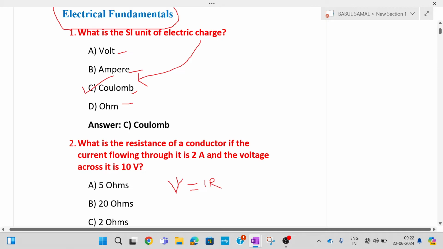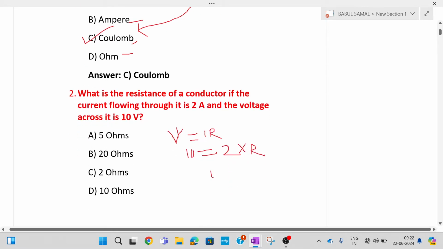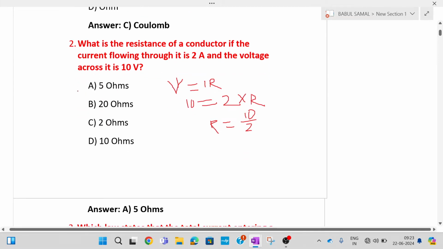Here the potential difference, which is volt, is given, which is 10 volt, is equal to, and the current is also given, 2 into R. If we divide 10 by 2, then we'll get the resistance, which is 5 ohm. So the correct answer for this question is option A, which is 5 ohm. So you have to remember the relation between current, voltage and resistance, which is V equal to IR.